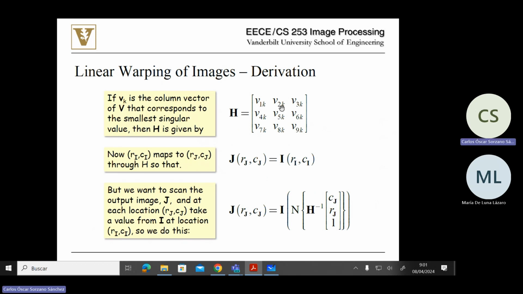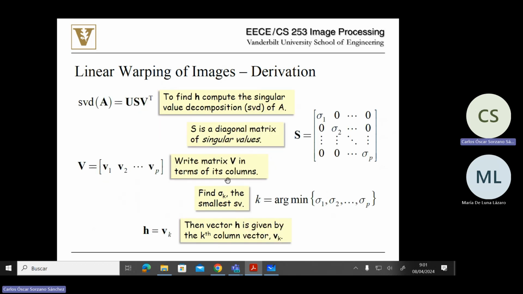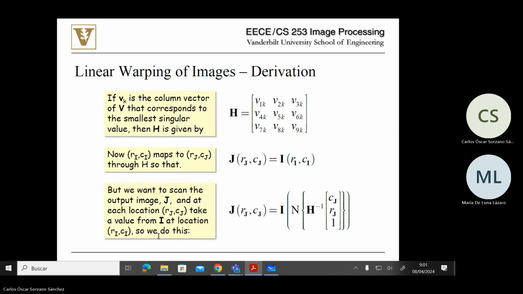And then this V that you have found is your H. And then you can go from output coordinates multiplied by H minus 1.